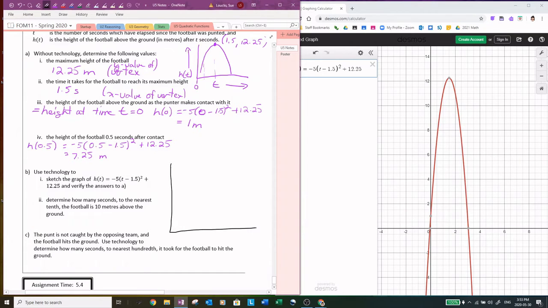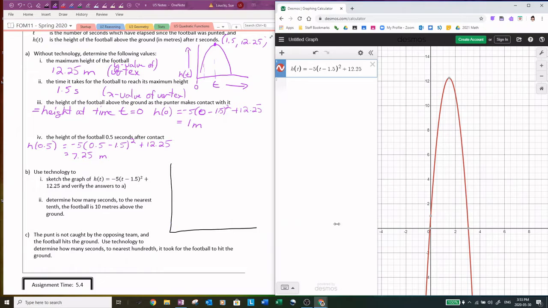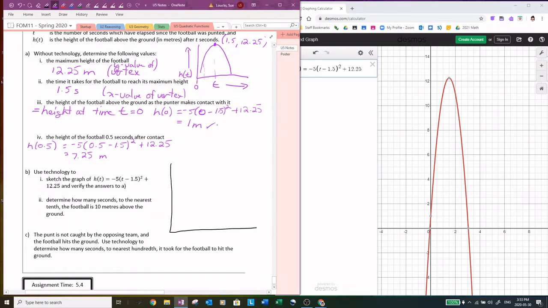So here's my graph. It doesn't actually go through 0. My y-intercept is at 1, which is what we said, 1 meter. Yep. And our x-intercept, we actually didn't do an x-intercept. We did what's the height of the highest point, 12.25, and it takes 1.5 seconds to get there.